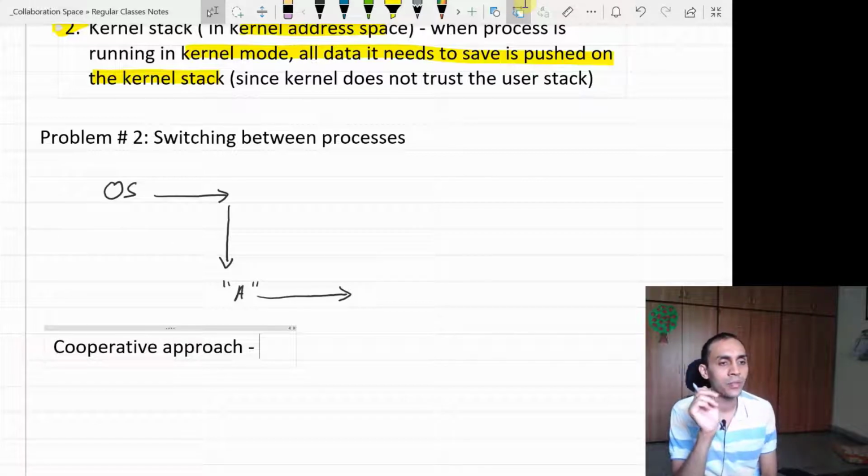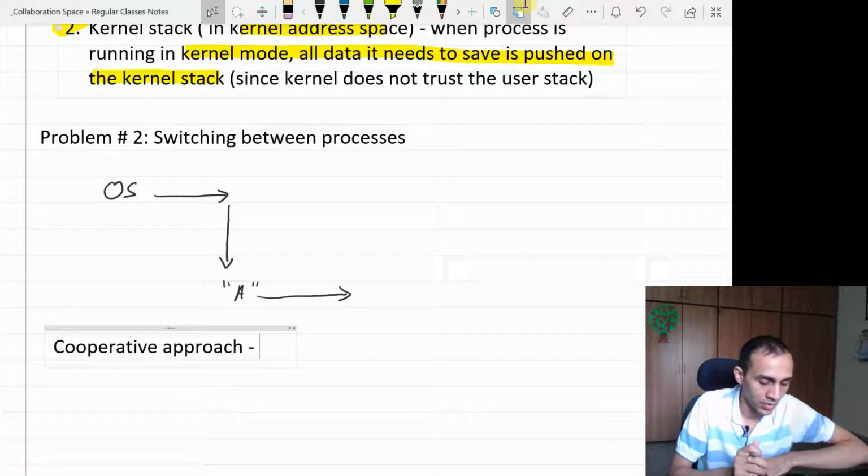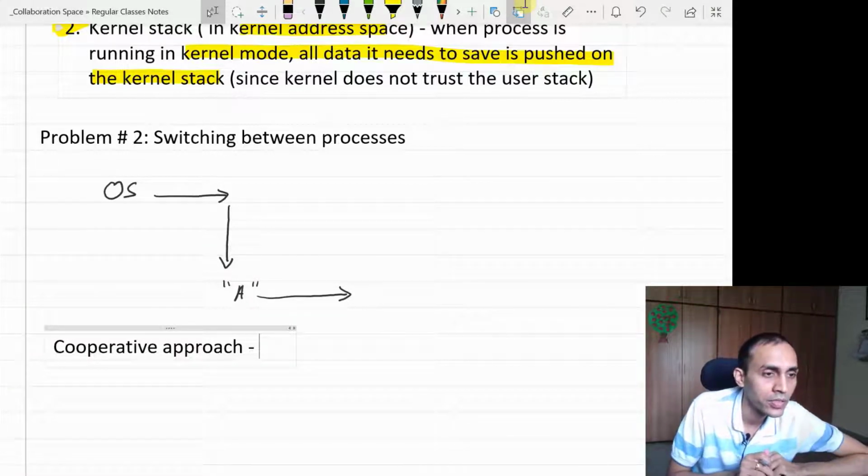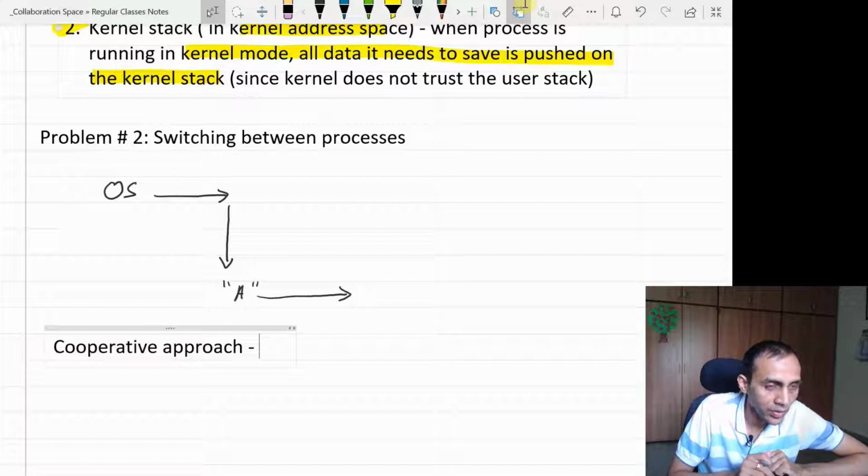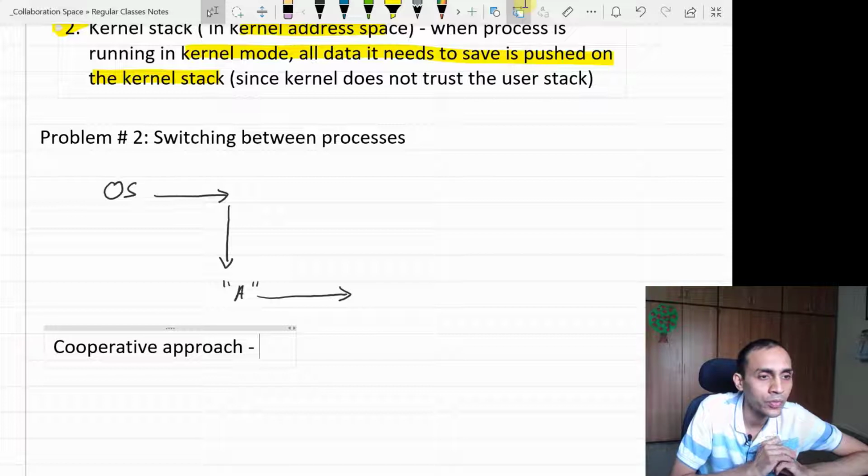When the OS has given control to some process, it trusts that the process is going to give back the control after some period of time, because a running process is going to regularly issue system calls, and whenever a system call is issued, the control goes back to the OS.